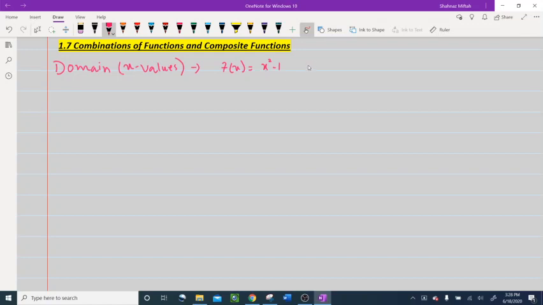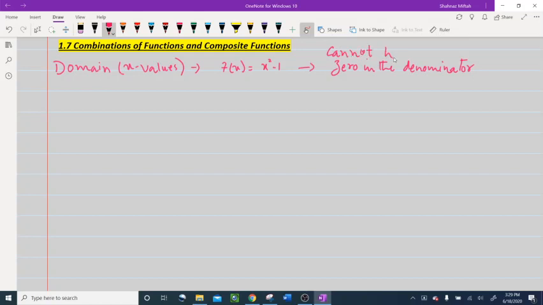Now, what is not acceptable in a domain is 0 in the denominator. For example, if you have a rational function, you have to be very careful with the denominator, because 0 in the denominator is not acceptable. Let me write it down.